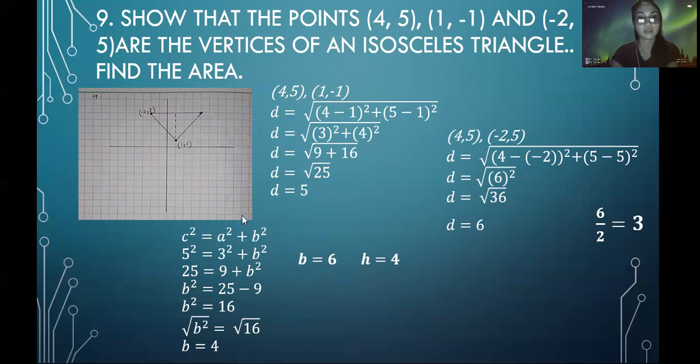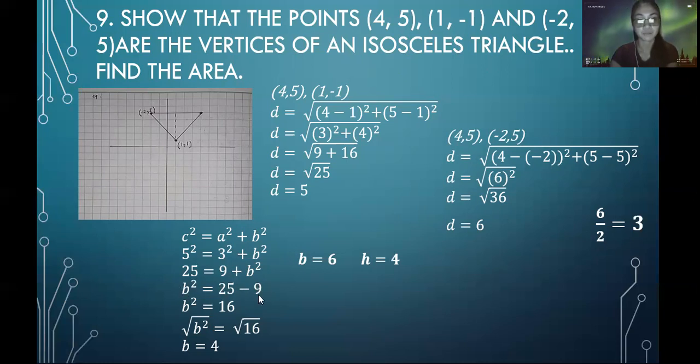So c squared is equal to 5 squared, equal to the value of a squared, which here is 3, plus b, which is the unknown. So 5 squared is 25, equal to 3 squared, which is 9, plus b squared.